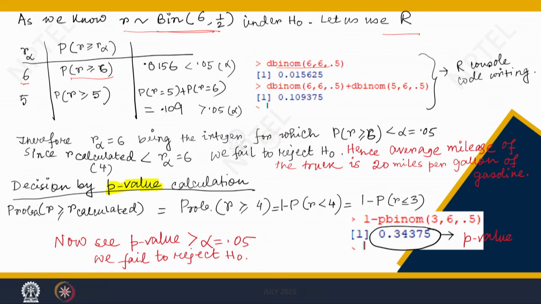I will ask you to type this code in your R script, and after running, you will find the probability value when x is equal to 6 with probability 0.5, that is 0.015625. So, 0.0156 is less than 0.05, which is our fixed level of significance.